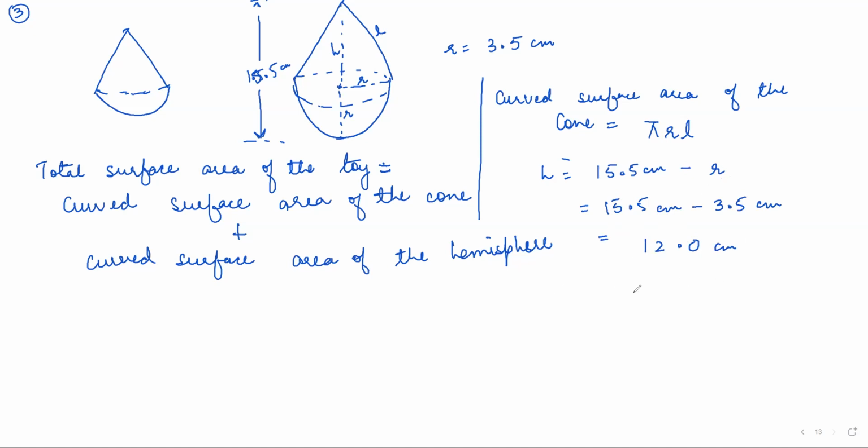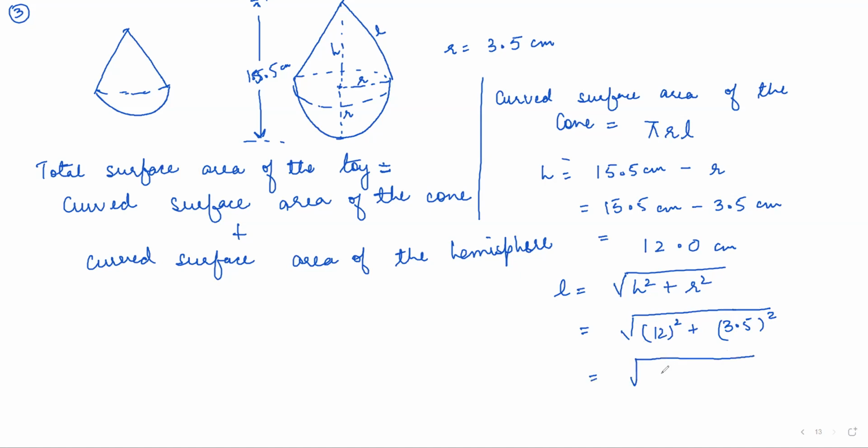So L will be under root h square plus r square. Fine, Amna? Yes, ma'am. So L will be under root h square. h is, I found, 12 square plus r is 3.5 whole square, right? So you have to do some calculations now. 144 I know.